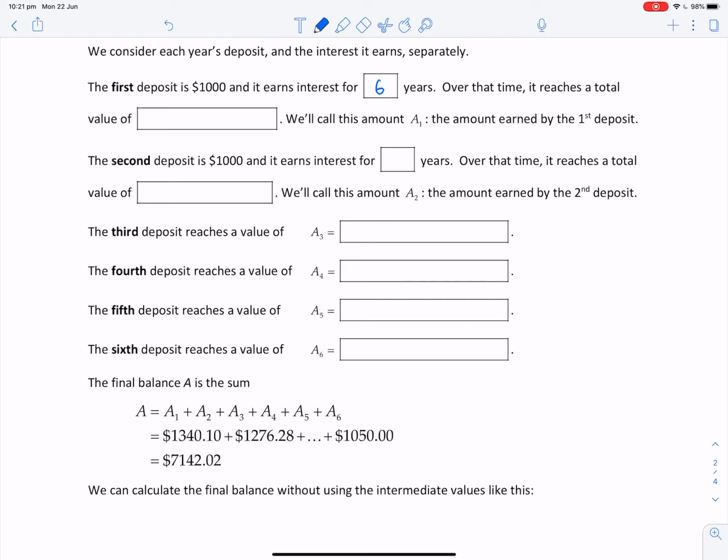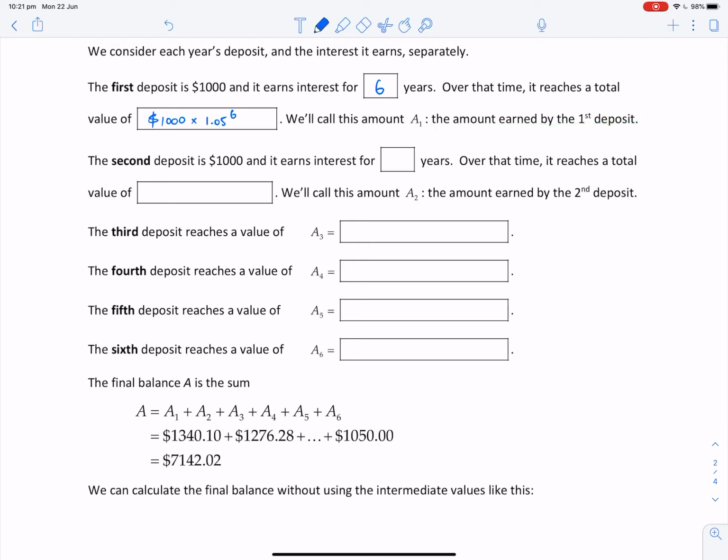Over that time, it reaches a total value of $1,000 times 1.05 to the power of 6. So that's a compound interest calculation. That's the amount earned by the first deposit.